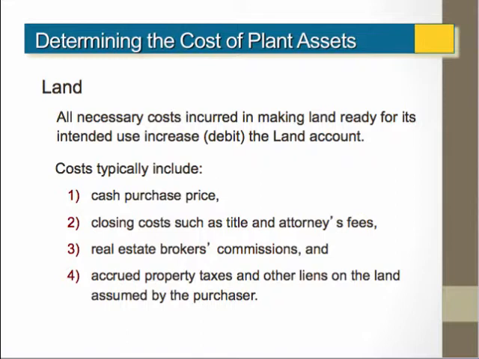So we would apply the purchase price of the land and that old building into just the cost of the land. In fact, because the intended use of the land is to build a new building, the cost to knock down the old building is included in the cost of the land. So you can see that land is going to include the purchase price and all those additional costs to get it to a condition that you plan on using that land for.